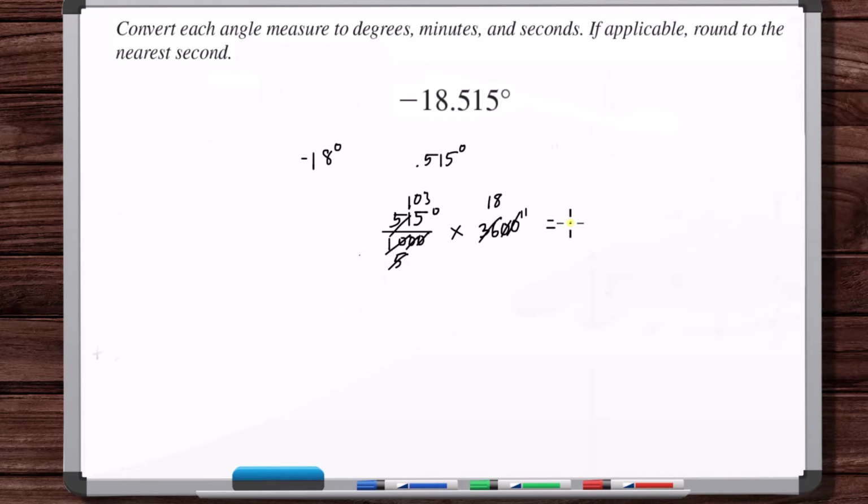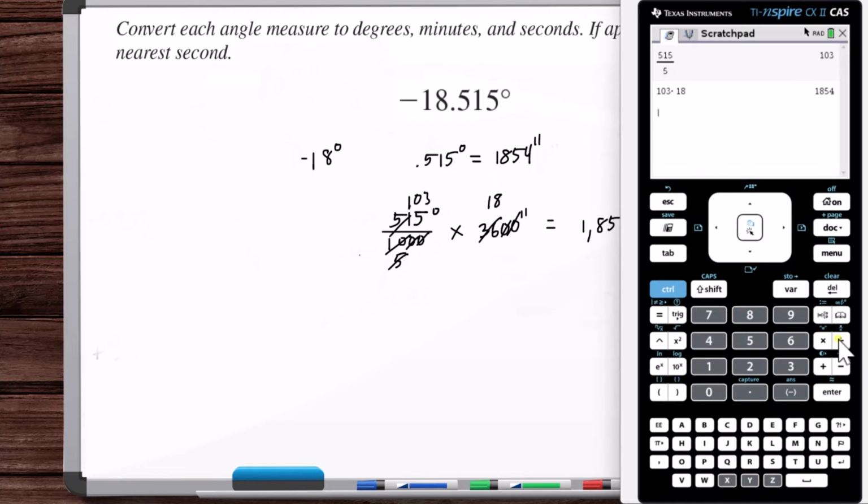So that's what 515 thousandths of a degree equals, 1,854 seconds. But we've got minutes wrapped up in here, right? We want to separate out the minutes. So what is 1854 divided by 60?